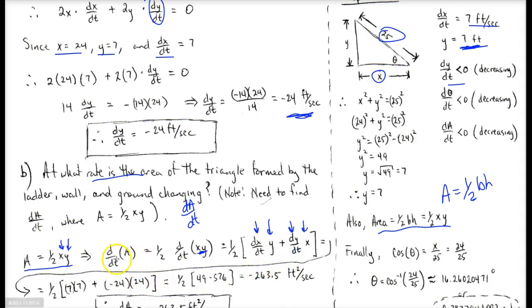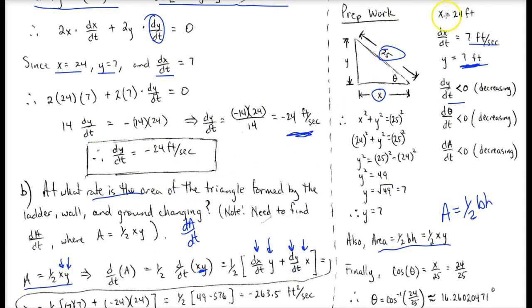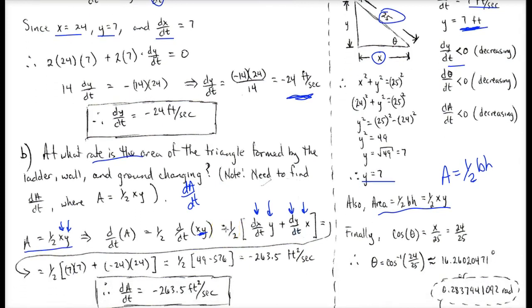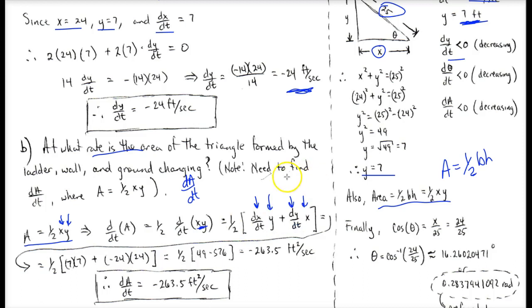We also see that we know specifically what x is and what y is at the time. So we're given that x is 24 feet, and we found out that y is 7 feet. So of course we plug all that information in, and then the last thing is the dy over dt.